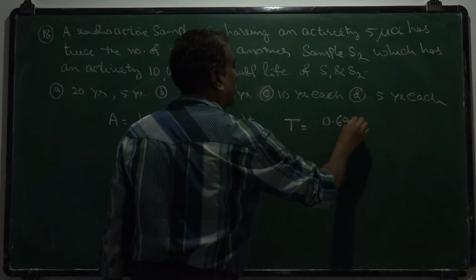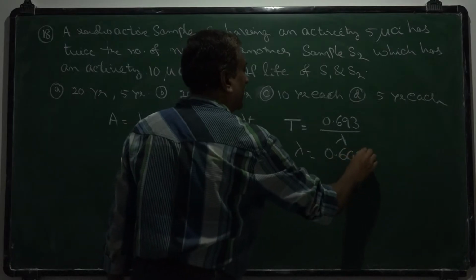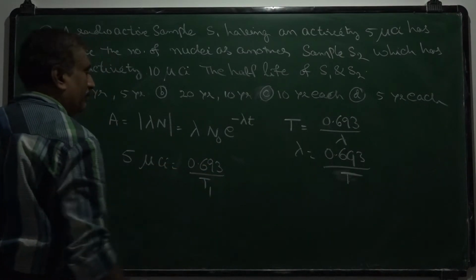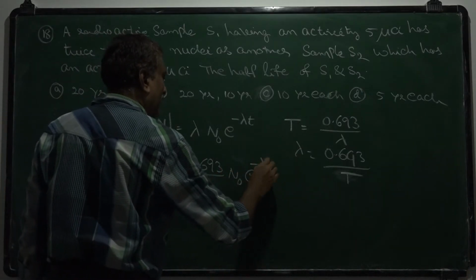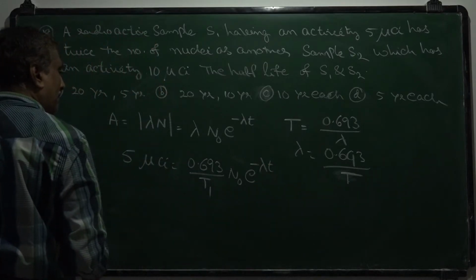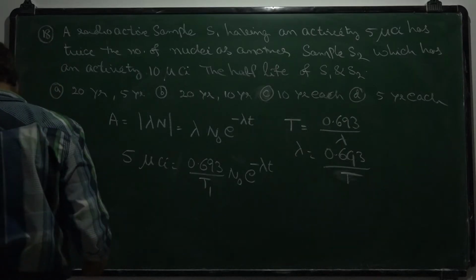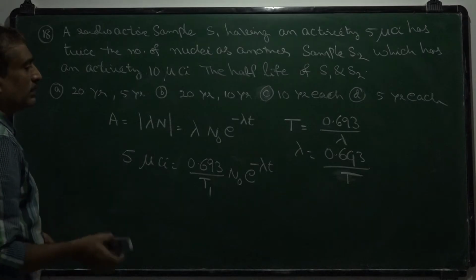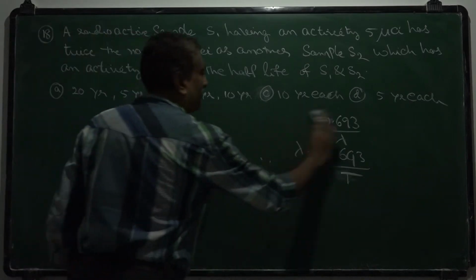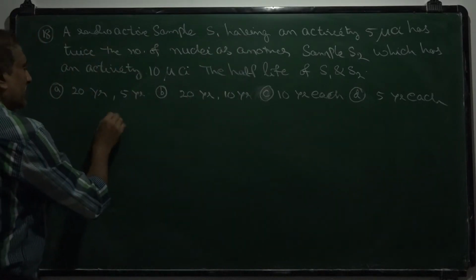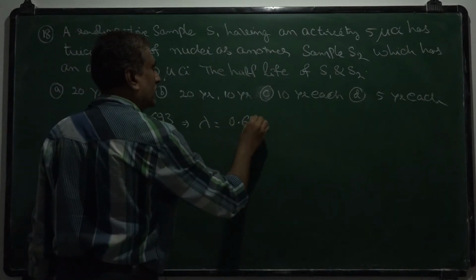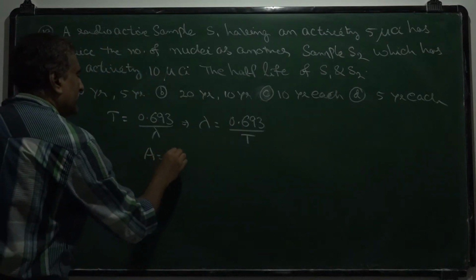Half-life is equal to 0.693 by lambda, so lambda is equal to 0.693 by half-life T. Activity A is equal to lambda n.